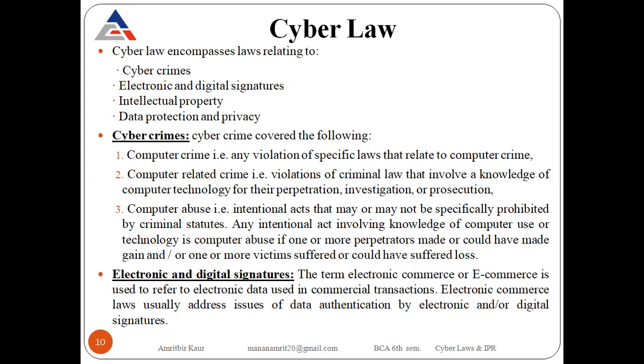Somebody uses their knowledge to hold computer systems. So that comes under computer related crimes. Then computer abuse: an intentional act that may or may not be specifically prohibited by criminal statutes. Any intentional act involving knowledge of computer, use of technology is computer abuse, if one or some made or could have made gain, or one or more victims suffered or could have suffered loss.